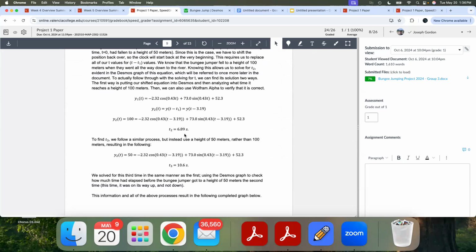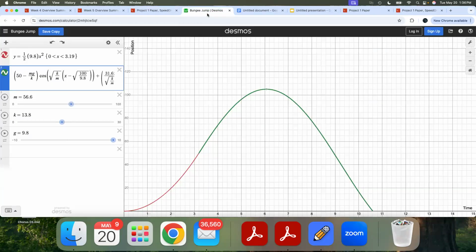And then we're going to solve for T2, solve for T3. You can do that numerically because we do get what we call a transcendental equation. It's pretty much impossible. I mean, I guess you could use calculus, take the derivative, set it equal to zero, find out when velocity equals zero, but it's going to be a really ugly equation.